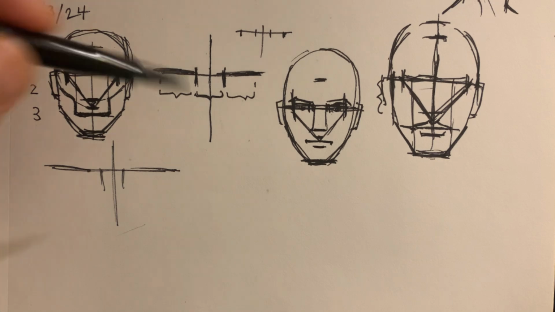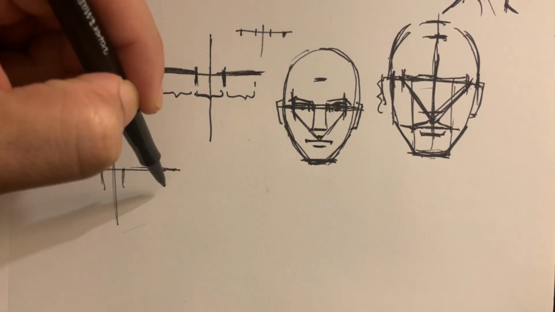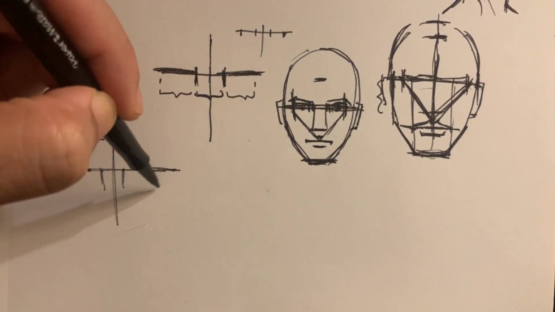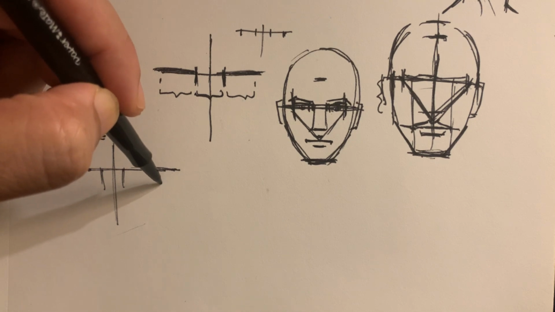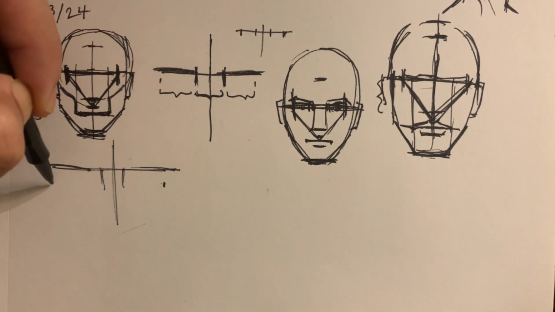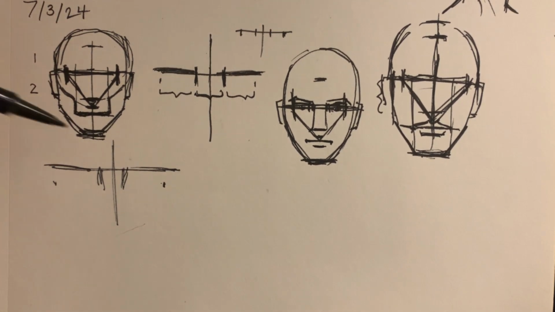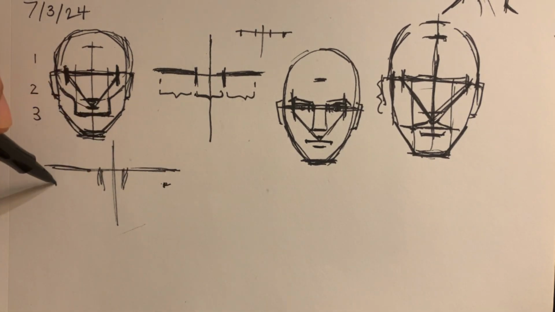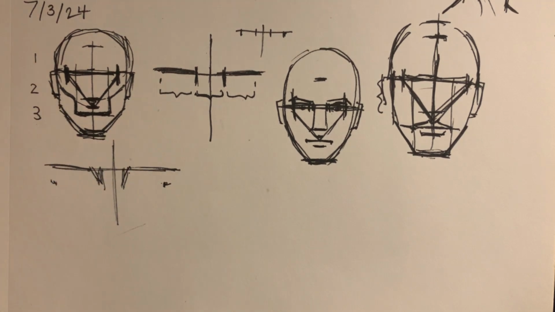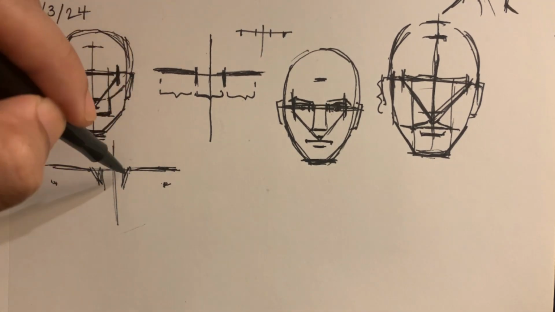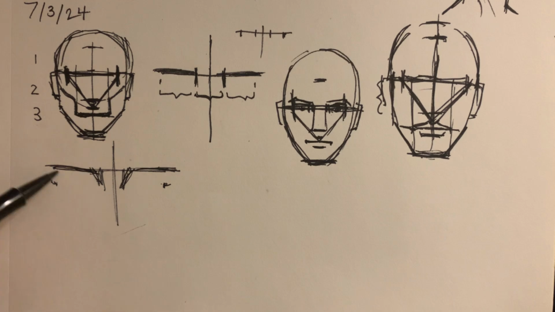And then once you get that, you'll have an idea of this part. That's one kind of quick way to place it, basically, because this is bone.